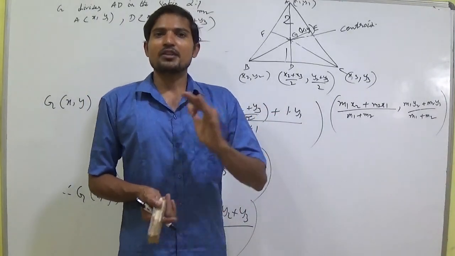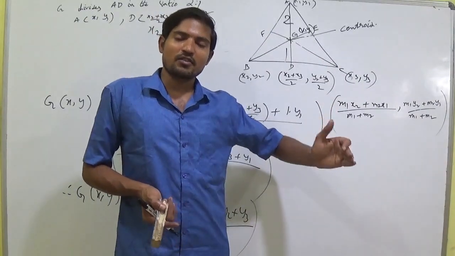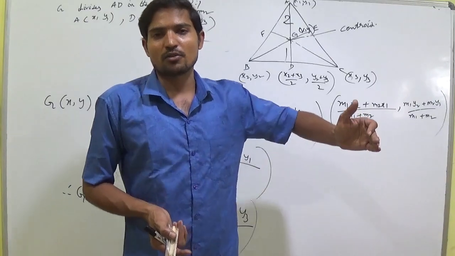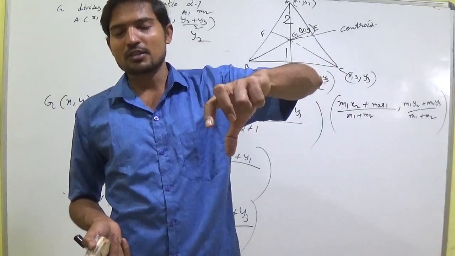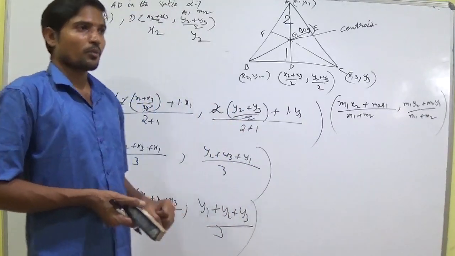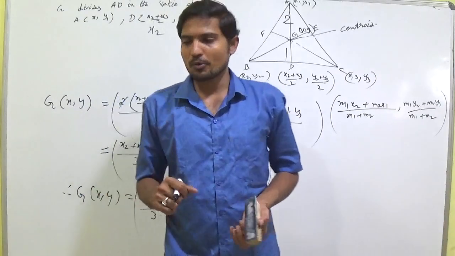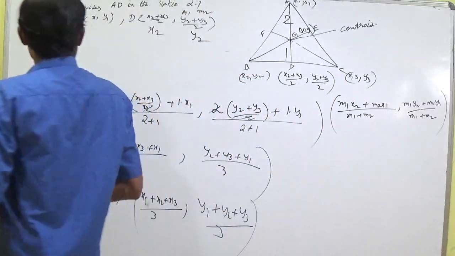Clear? And then the centroid formula: A (x1, y1), B (x2, y2), C (x3, y3), then centroid G is ((x1 + x2 + x3)/3, (y1 + y2 + y3)/3). Clear? These are the formulas we discussed today. Depending on these, we will solve the problems. Trisection we will discuss tomorrow.